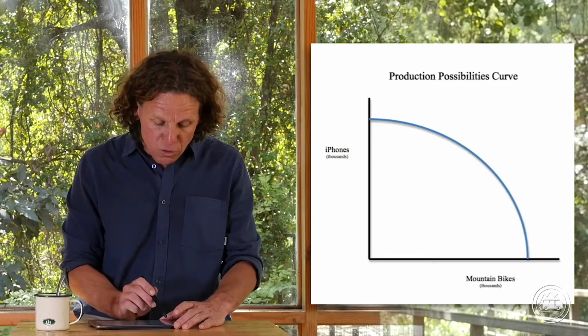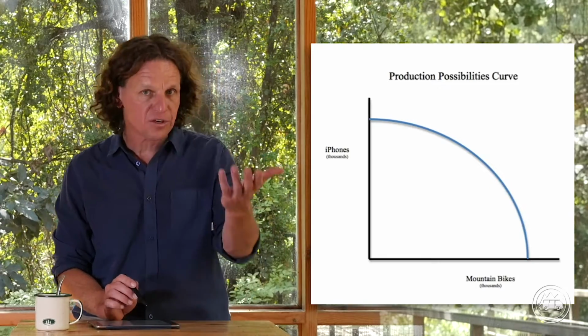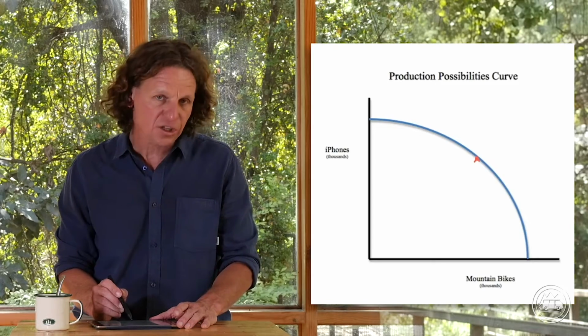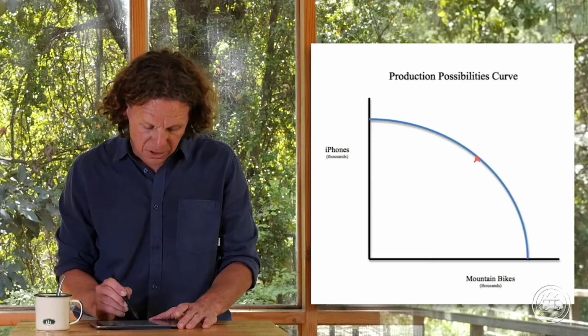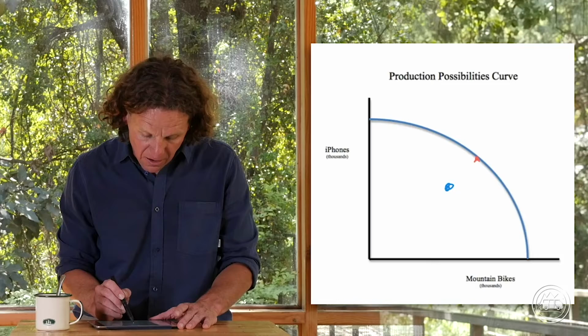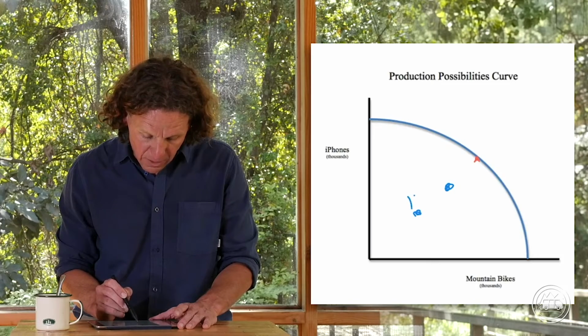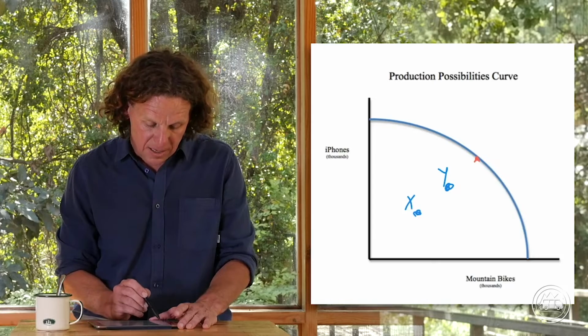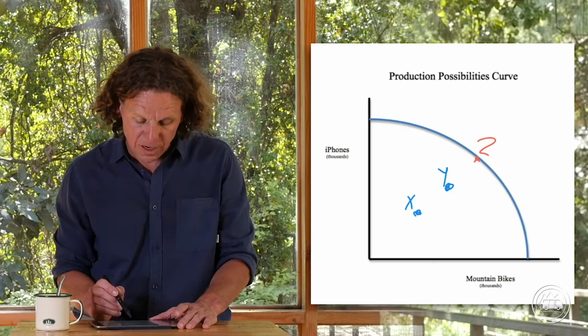And so when you use this later on, and this is when you get into your studies of macroeconomics, it's impossible for a country to actually operate on its production possibilities curve. Where they operate is somewhere inside it, okay? Like point X or point Y, but they would never be able to function at point Z. Never, ever on the actual production possibilities curve.